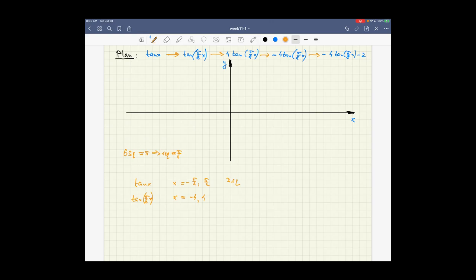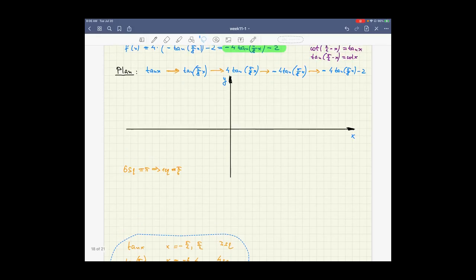Correct? Because when x is 4, we get here pi over 2, and tangent of pi over 2 is undefined. Same with negative 4. And maybe I will have 4 squares. So my scale for this graph will be very simple. 1 square is 1 unit. I think that'll work. So let's start drawing.